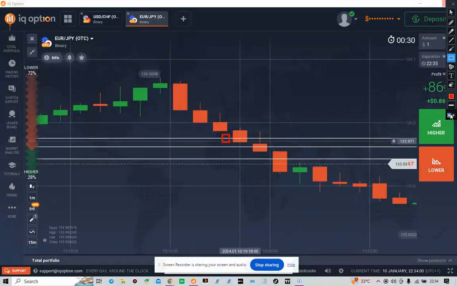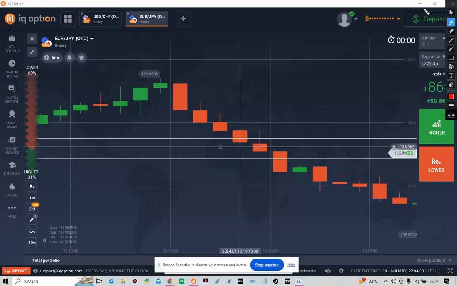But as you can see, there is no rejection at the bottom of this candle. So there's no sign the buyers will enter. Instead, the sellers will go more down. Okay. So always wait for a market confluence to execute your trade.